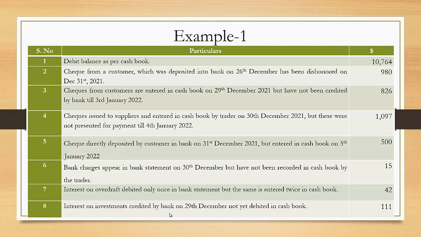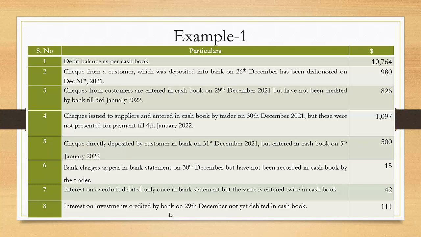But since it is not cleared and the amount is not credited by the bank till 3rd of January, this amount again we will have to minus, because if we do not subtract, our cash book will show more balance and the bank statement will show less balance. So as a process of reconciliation, we will have to minus this amount from our debit balance as per cash book.